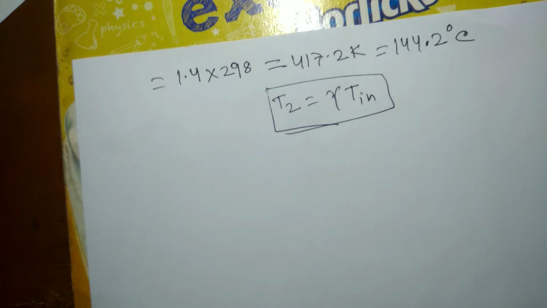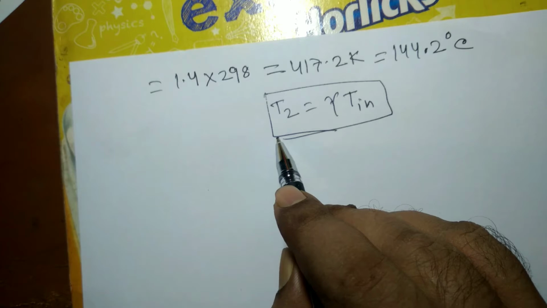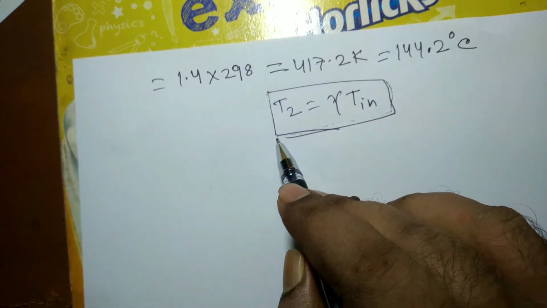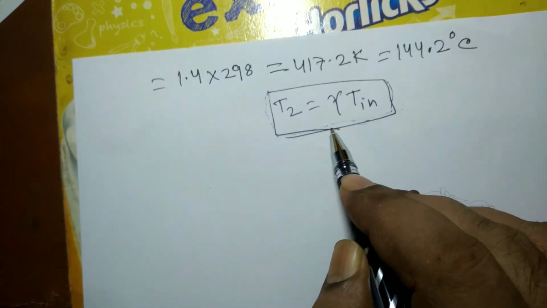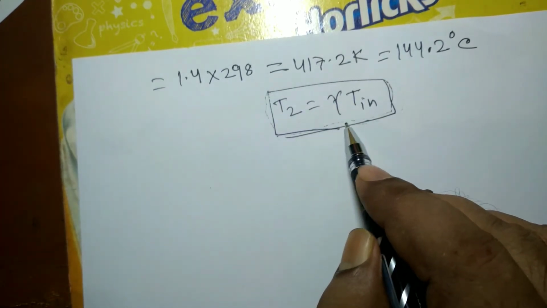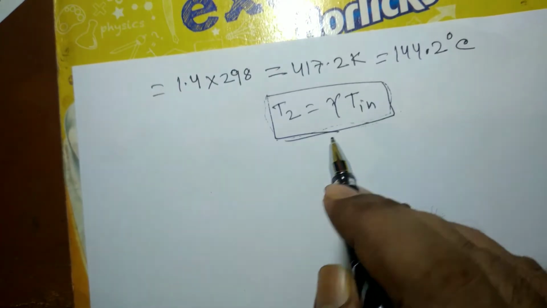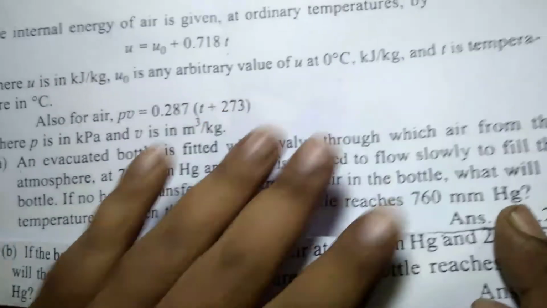If electrical work is there, the whole problem will change. So we can remember this formula, but we can't afford to apply it blindly. We have to see the conditions. If it is evacuated and insulated, then we can apply it. And in the second bit, it is not evacuated.